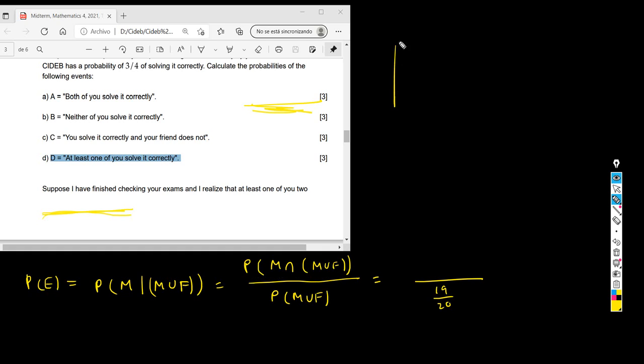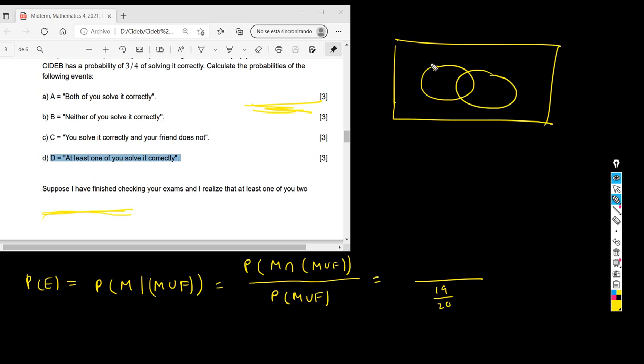Okay. So I'm going to make use of my Venn diagram. This is M. This is F. What is M? M is all of this. And I'm looking for the intersection of this event and this other event. What is the area representing the event M or F? The area representing such event is all of this blue area.